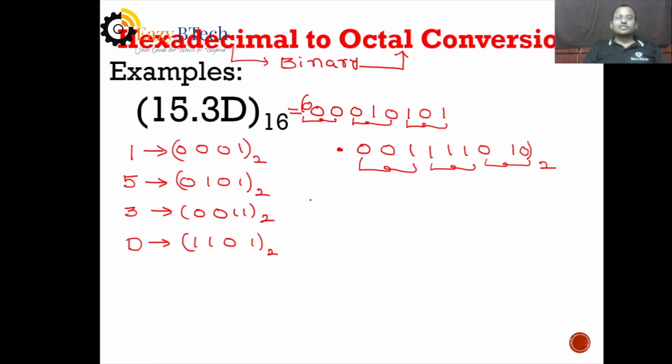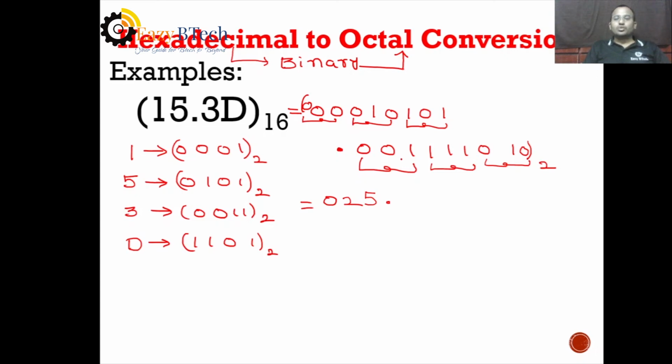Now write the corresponding octal equivalent. For the first 3 bits it is 0, so even if you don't write it, it is fine. Then 010 means 2, and 101 means 5, and then the radix point follows.